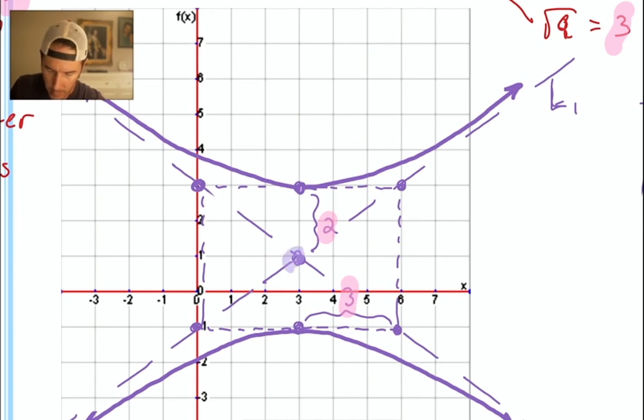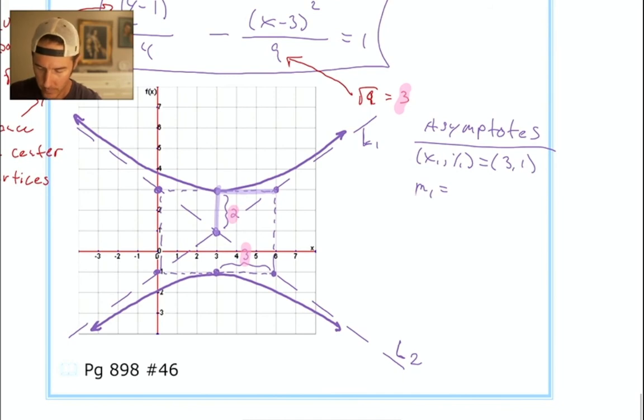I'm going to go from my center to this point up here at the top right corner of my box, and how do I get there? I have to rise 2 units, and then I have to run horizontally 3 units. So what do you think the slope of line 1 is? I think it's 2/3. Rise over run. Old school, not rocket science. Don't make it into rocket science. So we had a rise of 2, and a run of 3. 2/3.